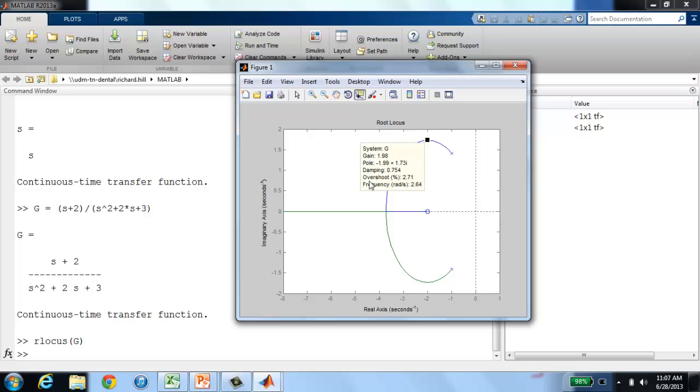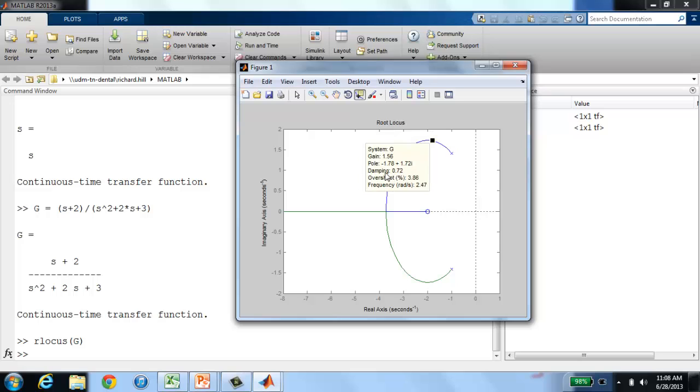But these properties are only if that pole belonged to a canonical second order system. So in this case we have a 0, so the overshoot would not actually equal 2.71. But anyways, we're trying to achieve a pole with a sigma equal to 3 that is a real part of -3.